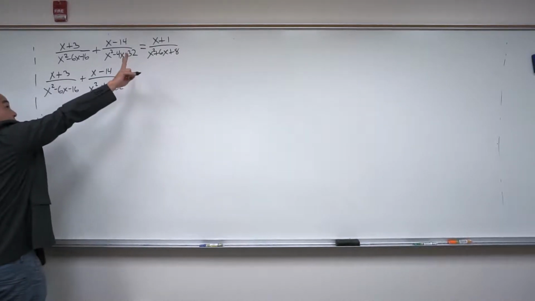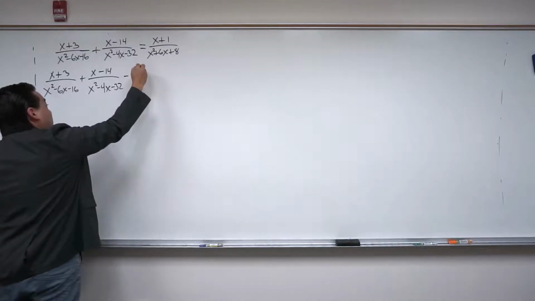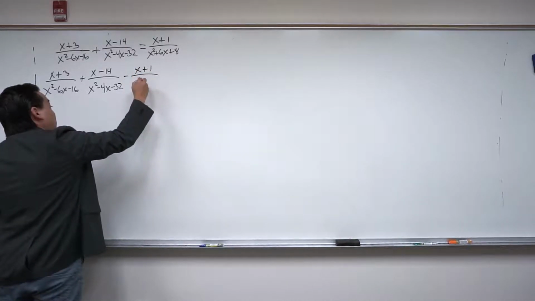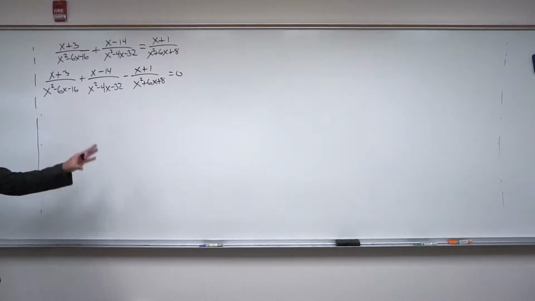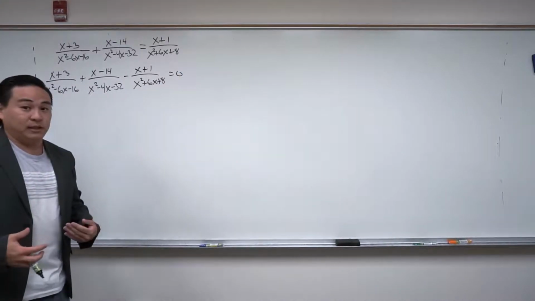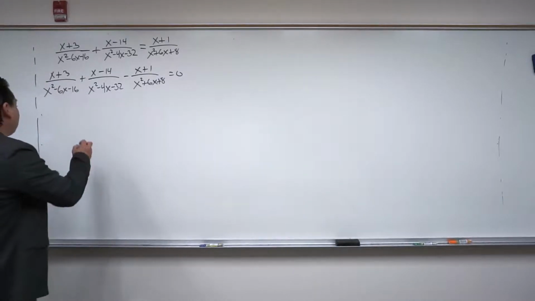So subtract that entire thing to both sides. Now that we have that right-hand side equal to 0, factor everything that you can. So we get x plus 3.